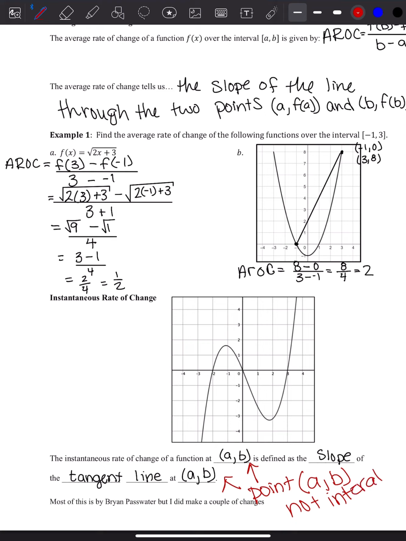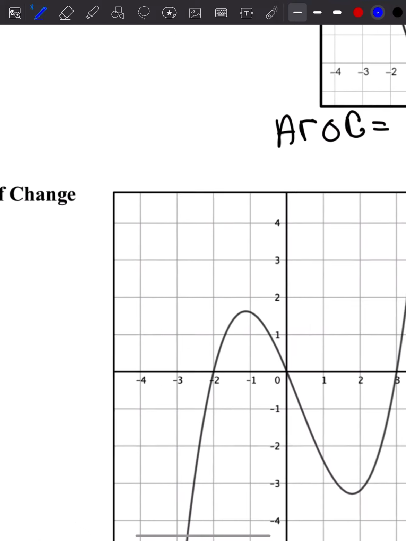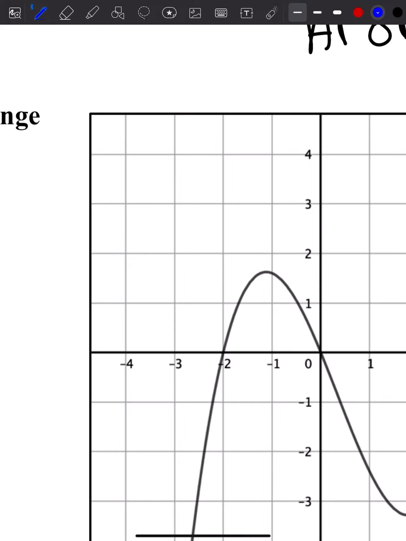So, for instance, if I wanted to find the instantaneous rate of change of our function at a specific place on this graph, say -2, one of the things that I would have to do is try to find the slope of this line that touches our function, but maybe doesn't touch more than our one point.